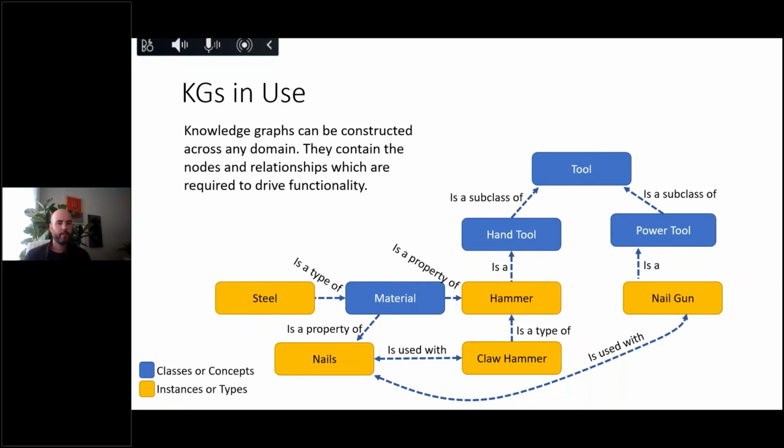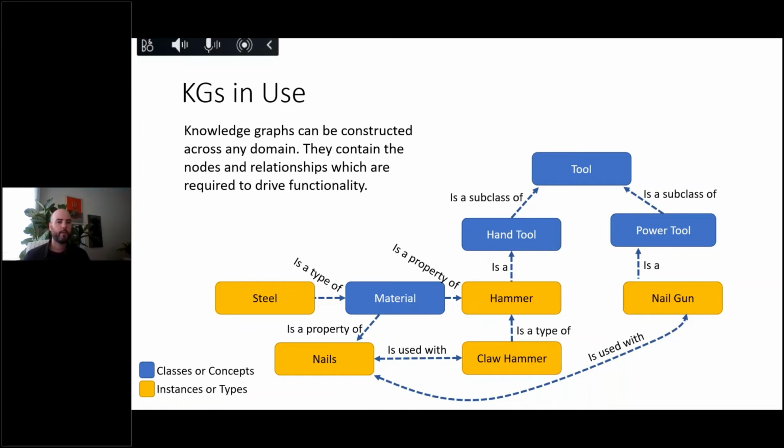It's also important to note here that there are different colors of boxes or nodes in our knowledge graph. The dark blue represents classes or concepts, and the yellow represents instances or types. So I made a little bit of a reference to this earlier, but some knowledge graphs create this nuance or distinction between different node types or classes in order to allow a machine learning algorithm to draw some further inferences from this information. You can see that not everything is taxonomically equal.